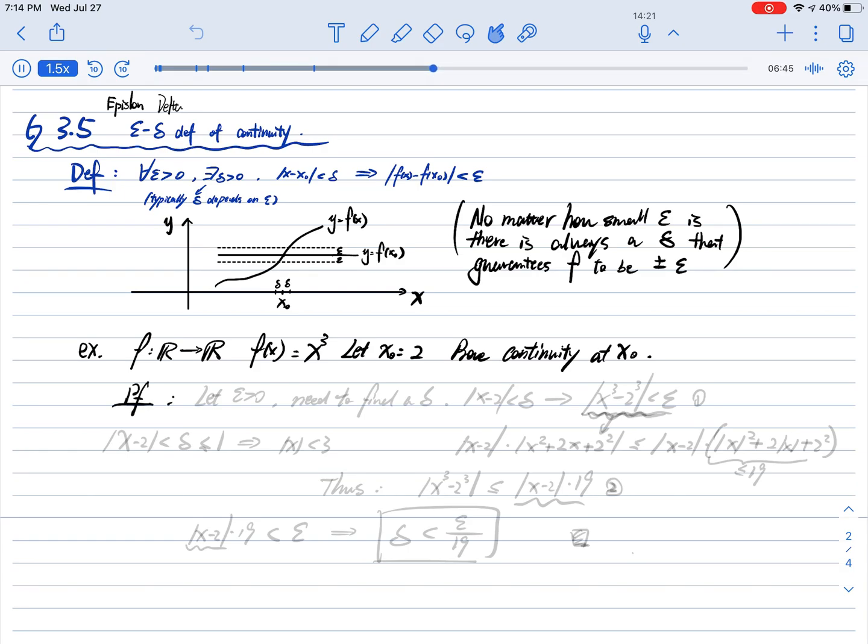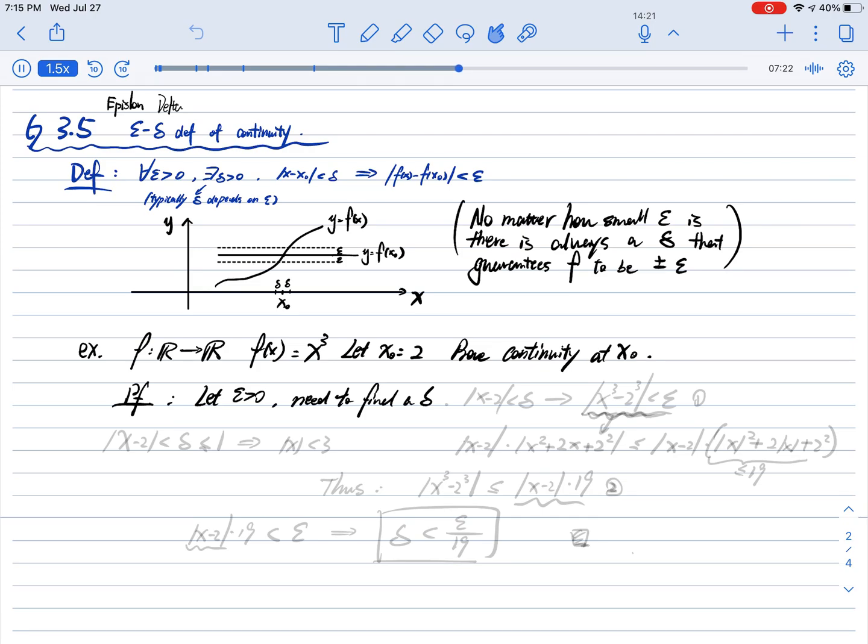Let's look at what we are shooting for at this point. Like the definition, if we let epsilon be greater than 0, then we need to find a delta such that the condition is true. And what is the condition? We just need to plug the values given in the question into the format of the definition.